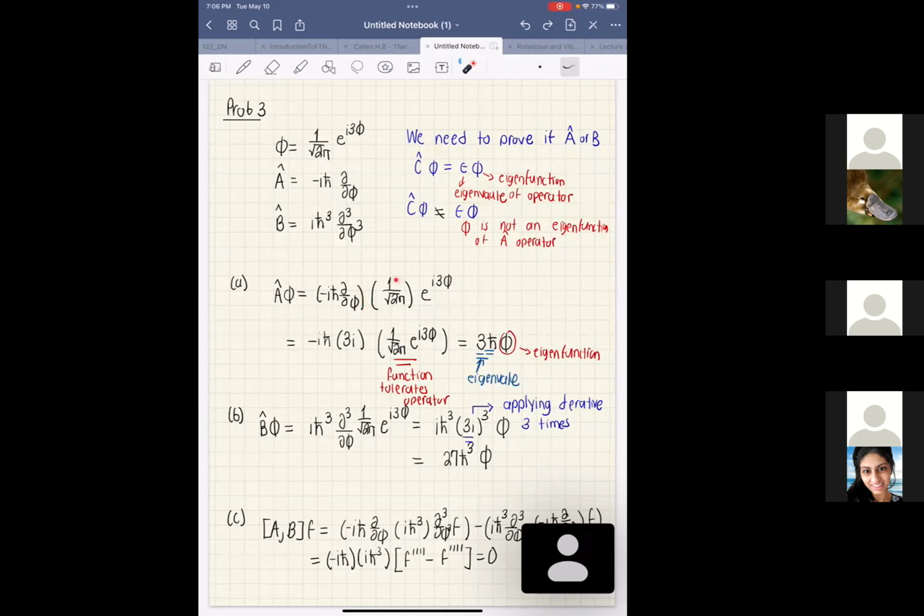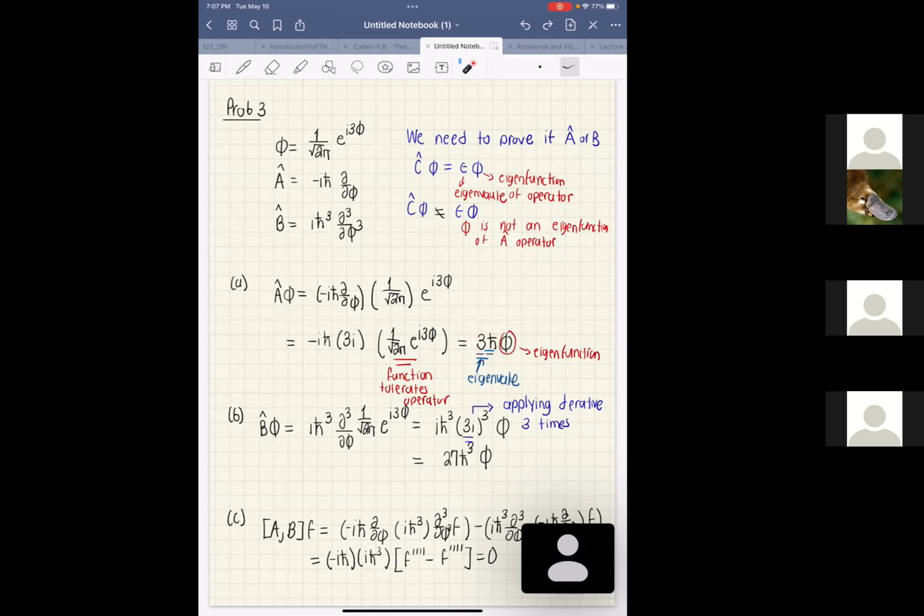So after applying this, you're gonna do a chain rule because it's an exponential, and then you're gonna have 3i be out of the exponential, and then from there we see that the function's maintained. There's no like any of these multiplied by each other or anything like that. So that means that this is satisfied, which means this is equal to this, and this is its eigenvalue.